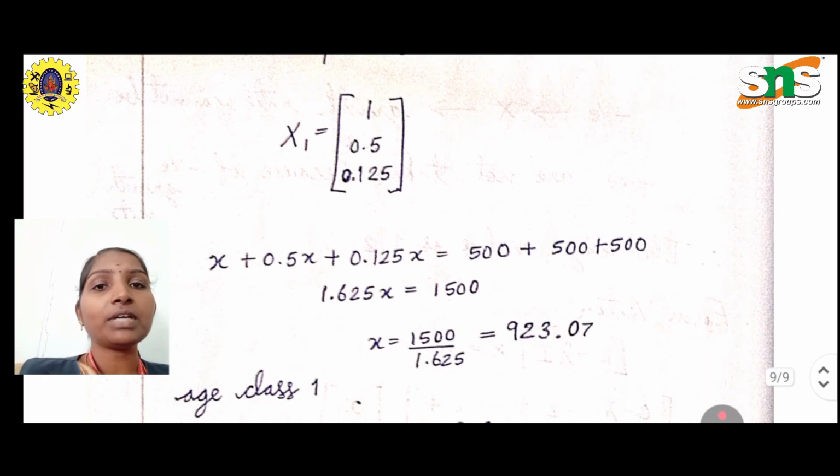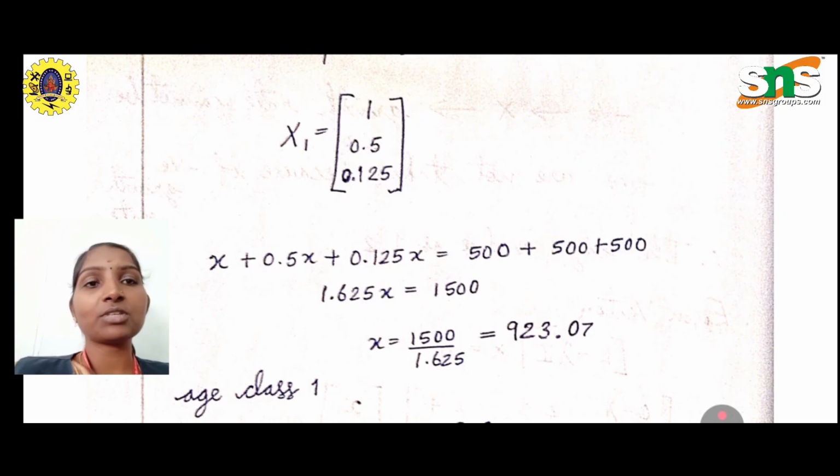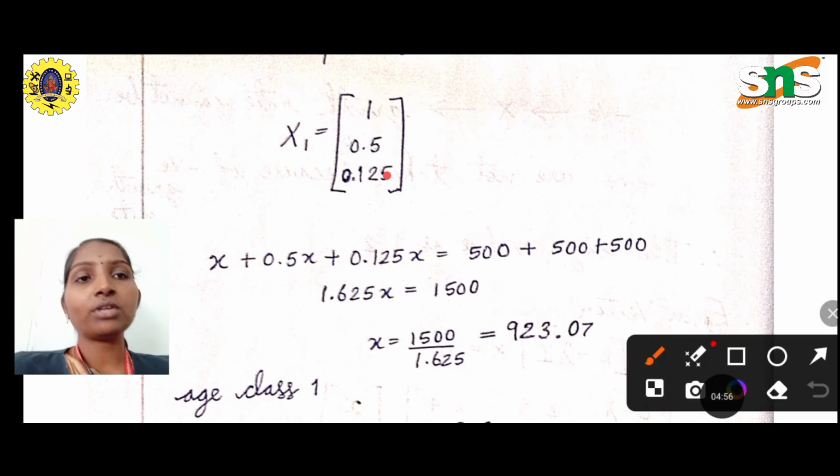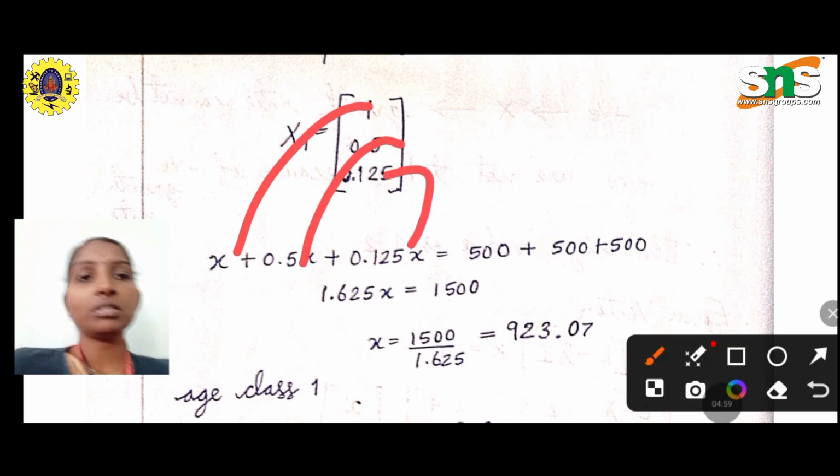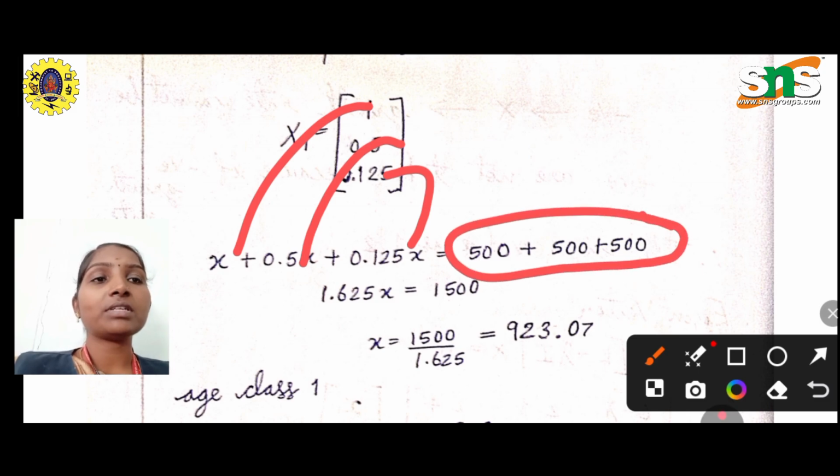And we are asked to find the initial distribution in which all the values in the stages should be in the same proportion. So we take x1, x2 and x3 in terms of x. Therefore, it has been written as x, 0.5x as x2 and 0.125x as x3 here. And what is the initial population given? It is 500 in each of the cases.